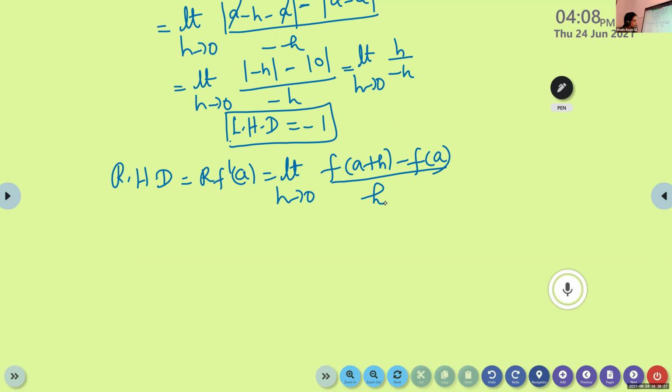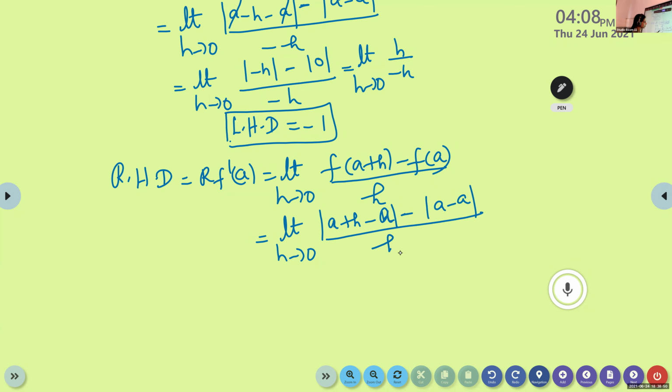What is f of a plus h? This is modulus of a plus h minus a, minus f of a, modulus of a minus a by h.